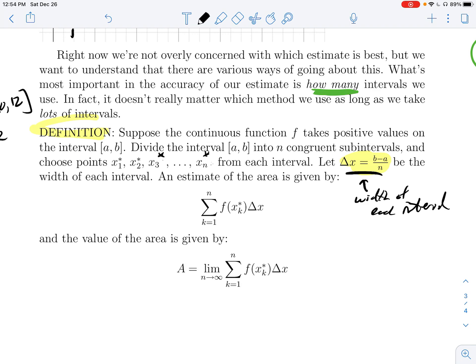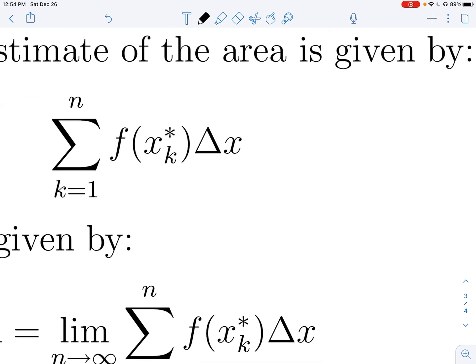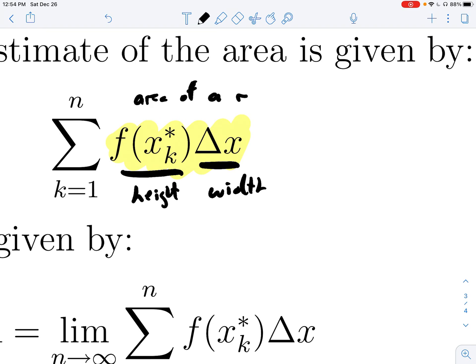So we can estimate the total area by basically doing, this is my base, this is my width of the rectangle. f of x_k star is just a fancy way of saying in each interval I'm picking an x value and measuring the height there. So that's the height of my rectangle. So this whole thing is the area of a rectangle.